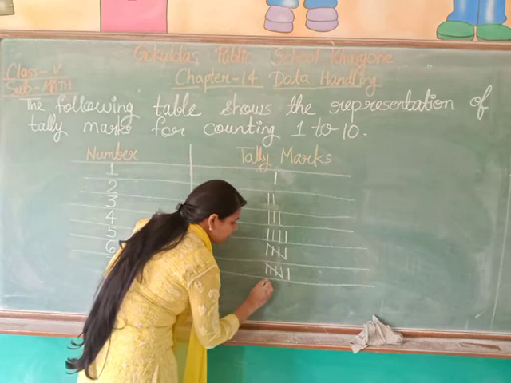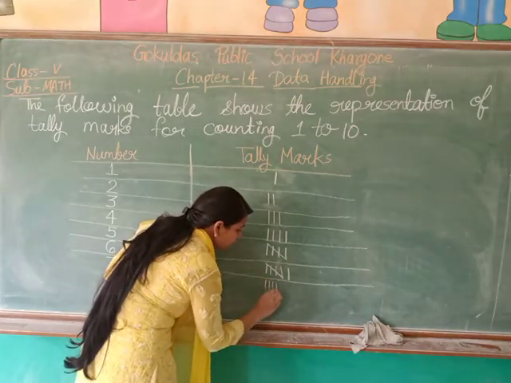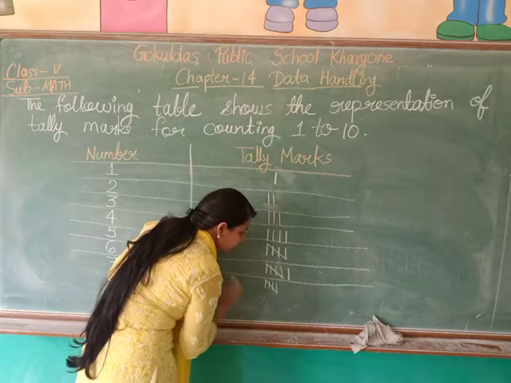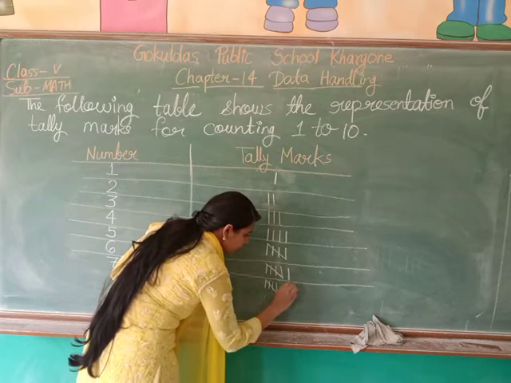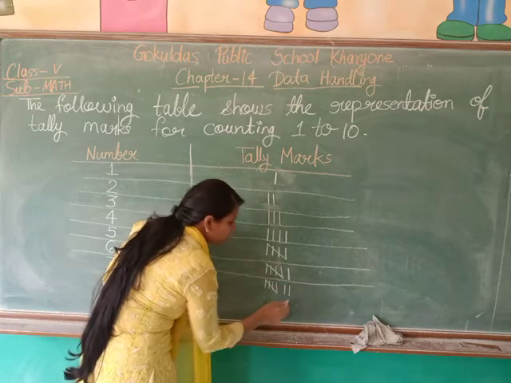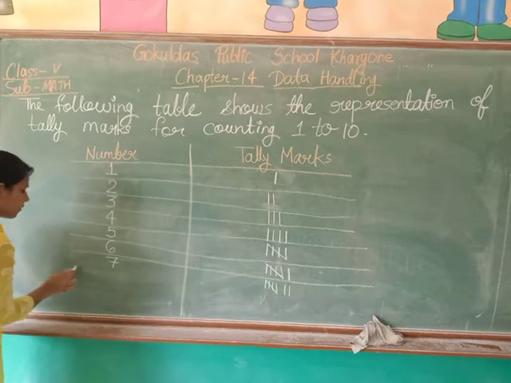So to represent 7 we will draw 1, 2, 3, 4 and 5, and 1, 2. 5 and 2 means 7.